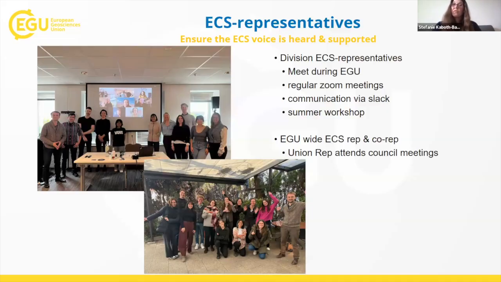So as a consequence, the ECS representatives have a meeting during the assembly, but we also have regular Zoom meetings throughout the year, trying to organize sessions, short courses, campfires, and social events that get people connected, get people talking, and give the possibility to learn skills that you might otherwise not have access to.